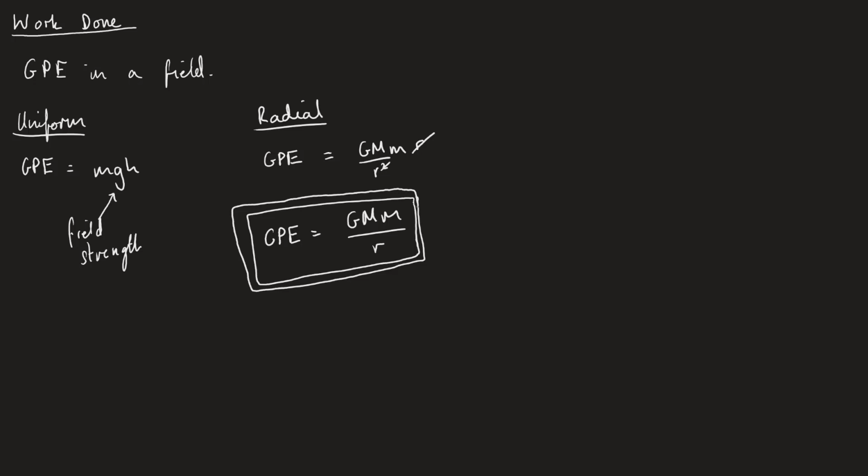But what we can see, the reason that we can say that the potential is related to the potential energy, is because if I write again an expression for potential over here, so potential V is minus GM over r. Now the key with this is that in order to get from the potential to the gravitational potential energy, I'm just multiplying by this m.